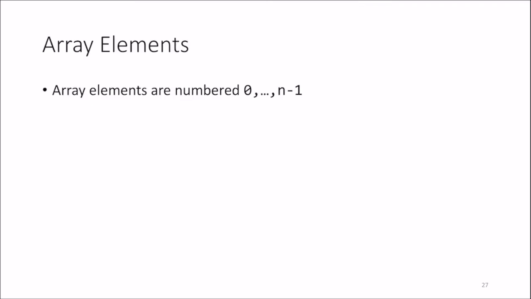Array elements are a little bit tricky because arrays are not native to the CPU. So we need to execute some arithmetic to get at the array element that's required.